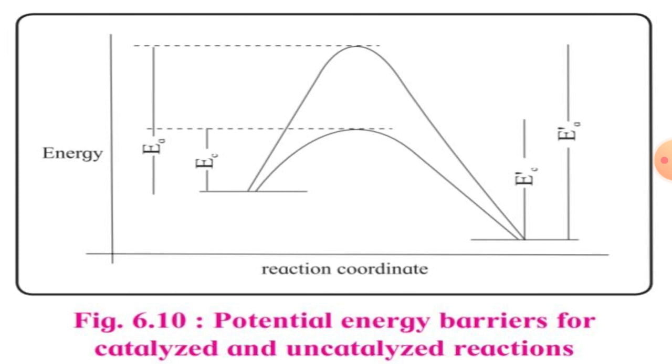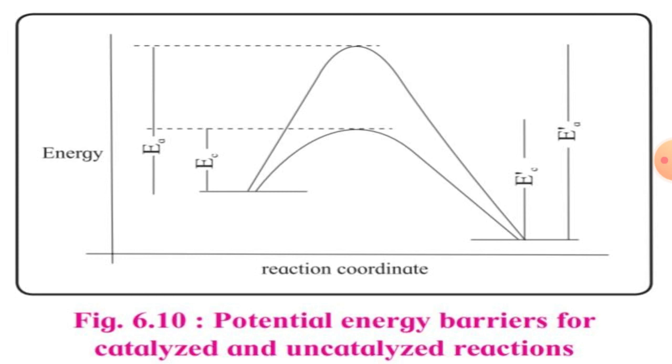Along the x-axis we are taking reaction coordinate and along the y-axis we are taking energy. Here you see two different values of energy, EA and EC. EA is the activation energy for the uncatalyzed reaction, while EC is the activation energy for the catalyzed reaction. In the graph you see two hump-like structures.